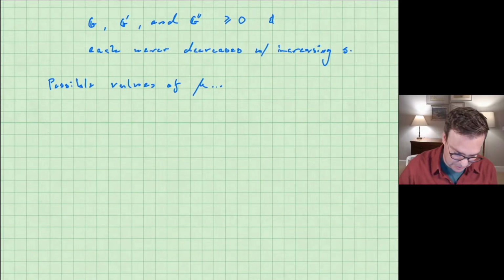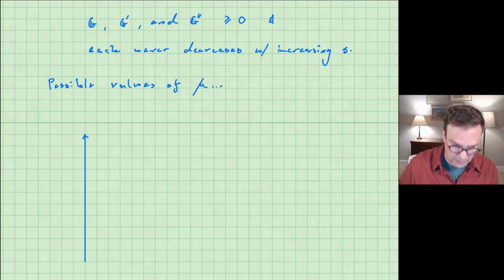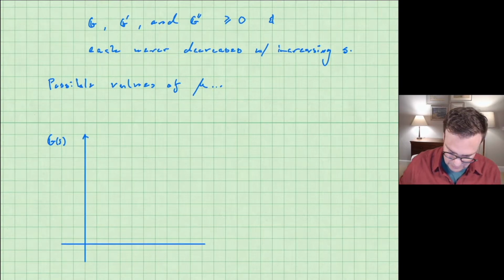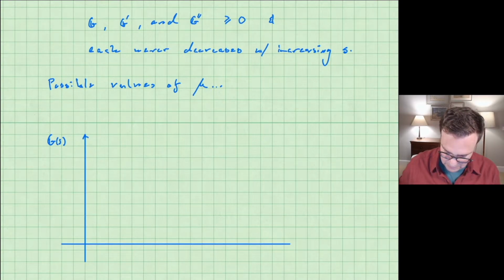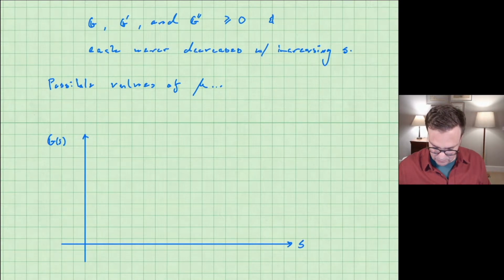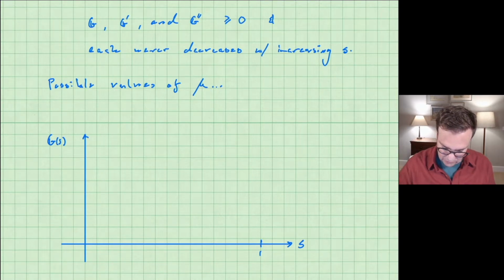So let's make a plot. On the vertical axis, we'll make this G of S, and then the horizontal axis will be S. And let's say over here is 1. I guess I should make this square.